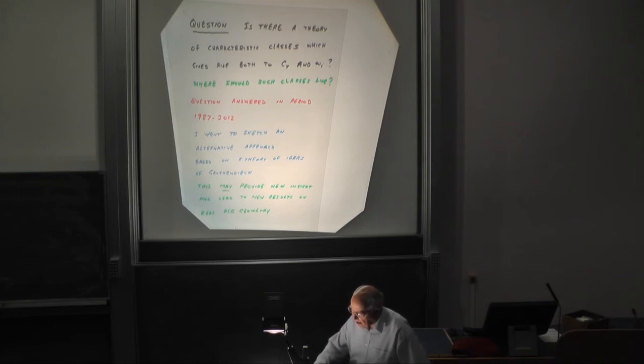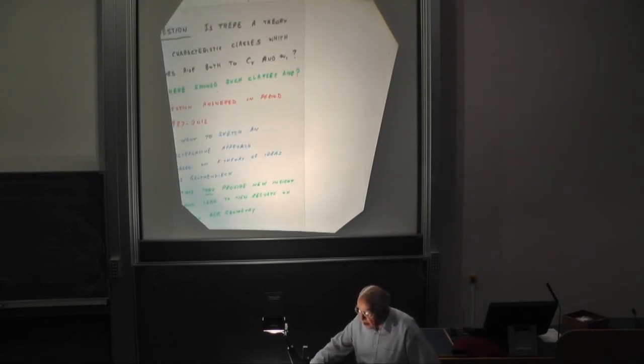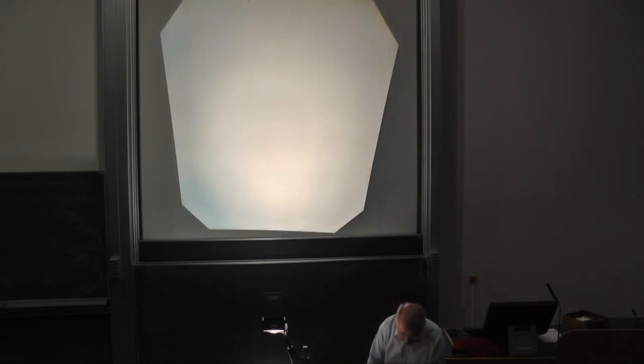I'll try to describe what this is. I hope this provides a new answer to this question, and it may lead to new results in real algebraic geometry. So it's a new approach which may be useful. As yet, I'll only claim that I can reproduce what other people have done in different ways.